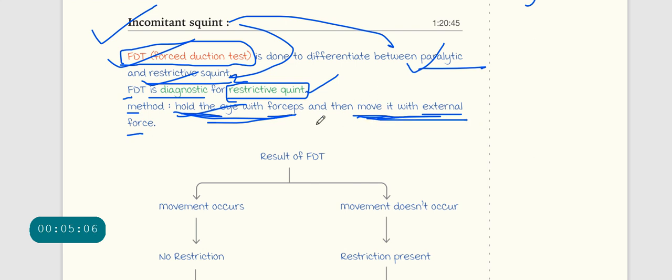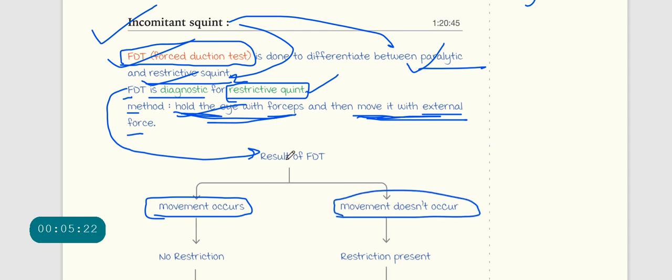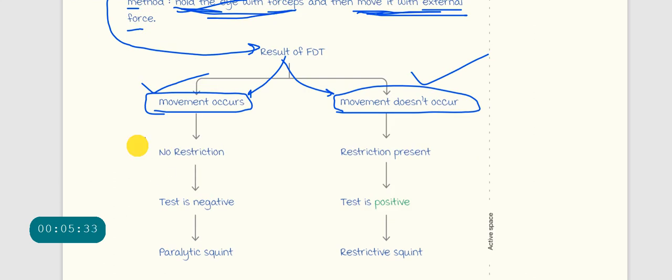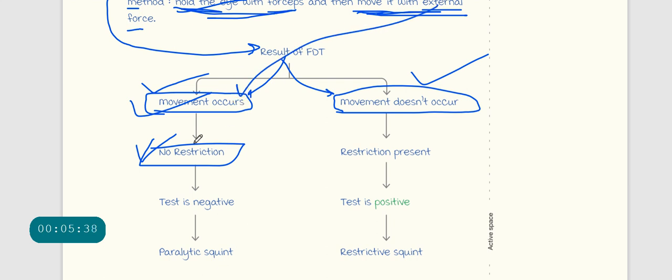What are the results of the FDT, or forced duction test? The result depends upon whether the eyeball is moving or not moving. If there is movement, then there is no restriction, the test is negative, and this could be a paralytic squint.